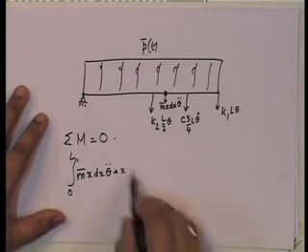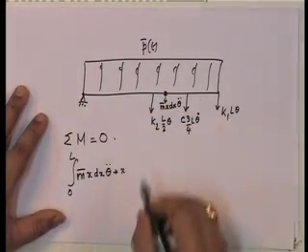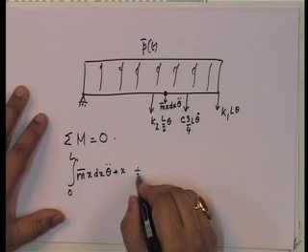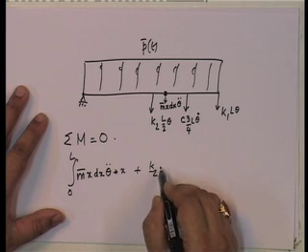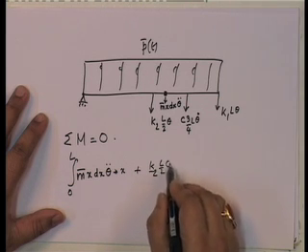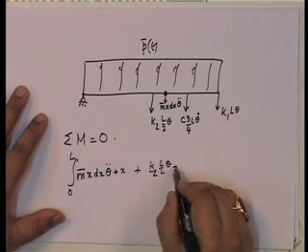That gives me the moment about this point of all the inertial forces of the bar, plus k 2 L by 2 theta, that is the force, into L by 2.